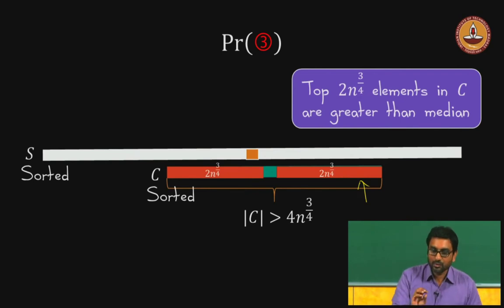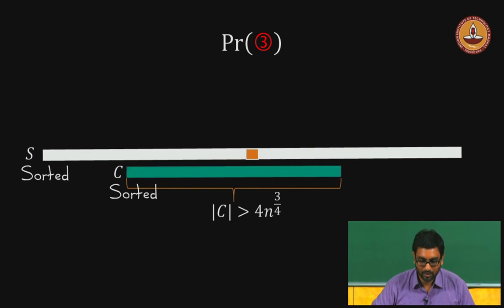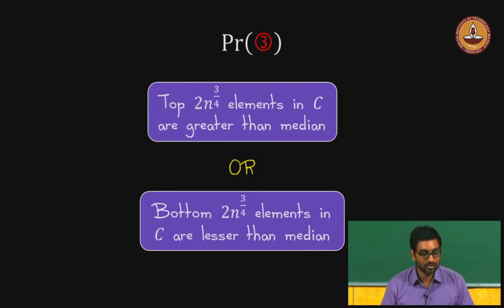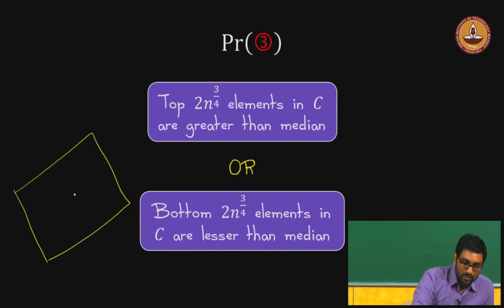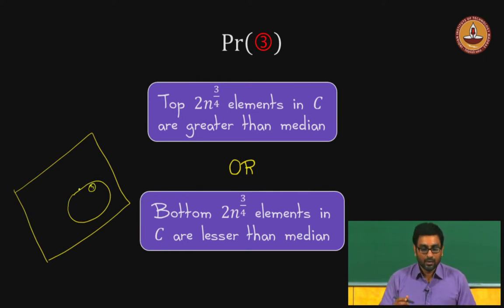So, what we are going to do is really, if you were to look at it from a Venn diagram's point of view, let us say that this is the third bad event. Okay.